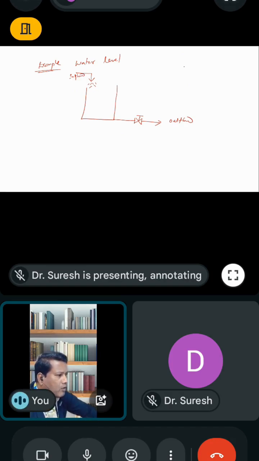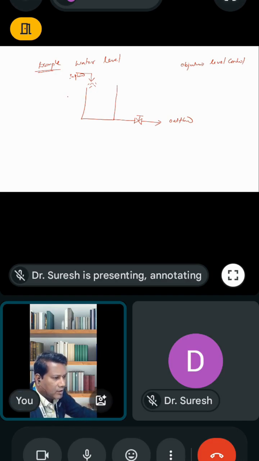So our control objective is level control. We have to maintain the level at a constant value.